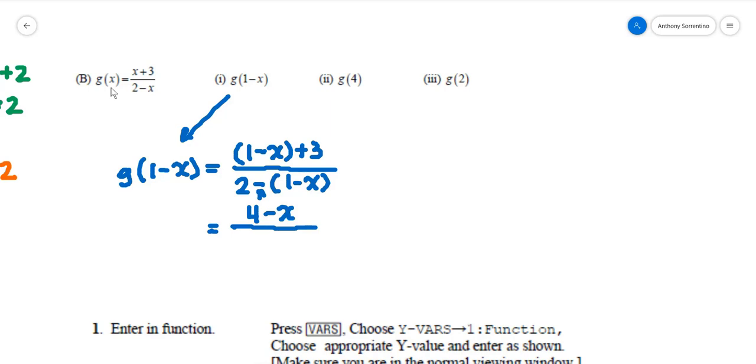That has to be distributed. So that's going to become 2 minus 1 minus a negative x, which is plus x. And so what that's going to end up being is 4 minus x over 1 plus x. And that's when it's all simplified.